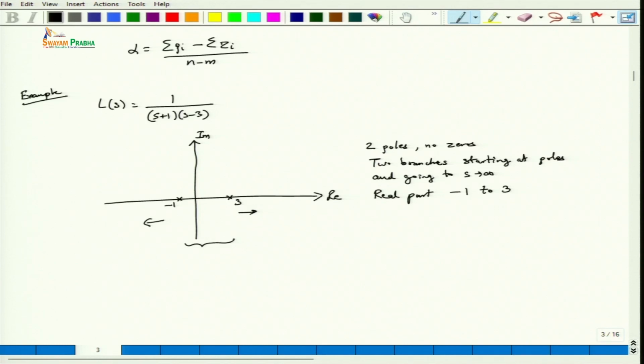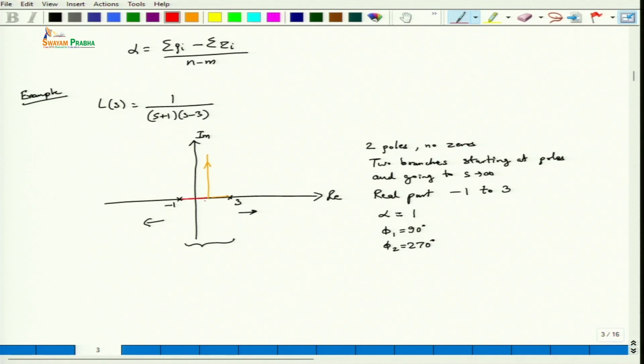Now there will be asymptotes, because n minus m is equal to 2. In that case you will have alpha, and in this case it is equal to 1. Then we have phi 1 equal to 90 degrees, phi 2 equal to 270 degrees. So we start with the first one from 3 and assume that it goes 90 degrees.